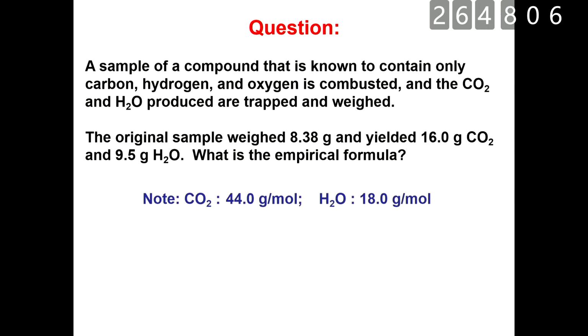And when it is combusted, the carbon dioxide and the water produced are trapped and weighed. So now we know the original sample weight is 8.3 grams, and we get 16 grams of carbon dioxide and 9.5 grams of water.